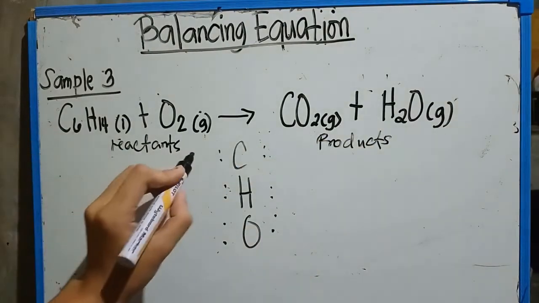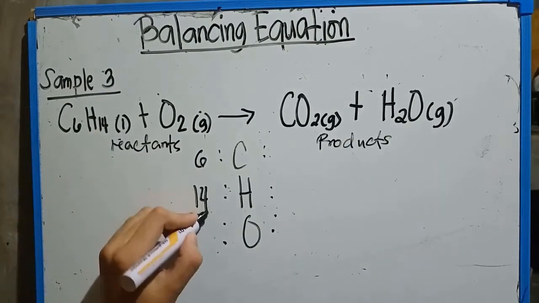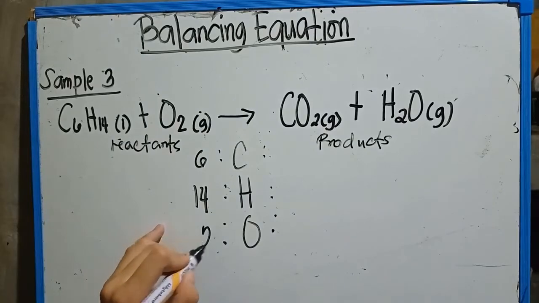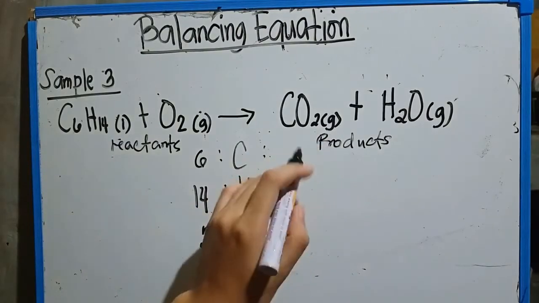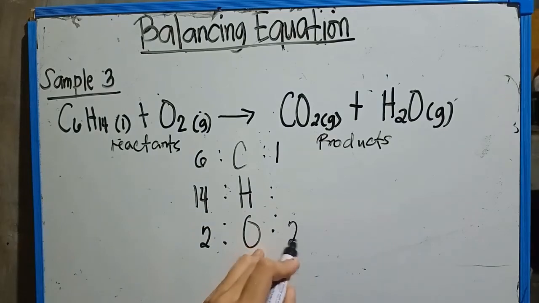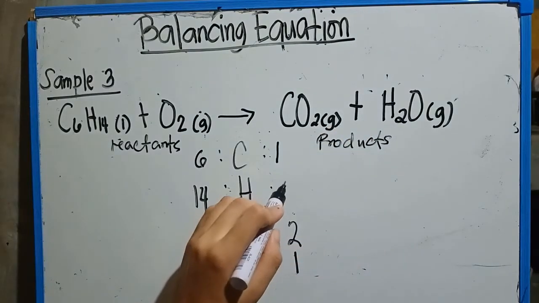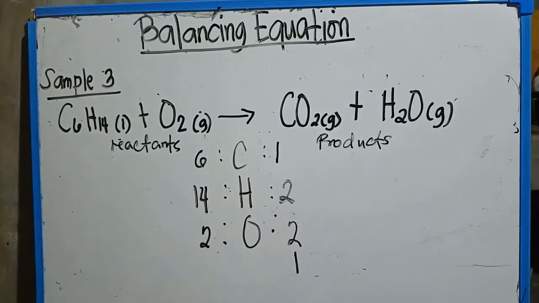So our carbon 6, hydrogen 14, and our oxygen is 2. Then our product, our carbon is 1, our oxygen is 2 and 1, then our hydrogen is 2. So as you can see, the reactants and product are very far.